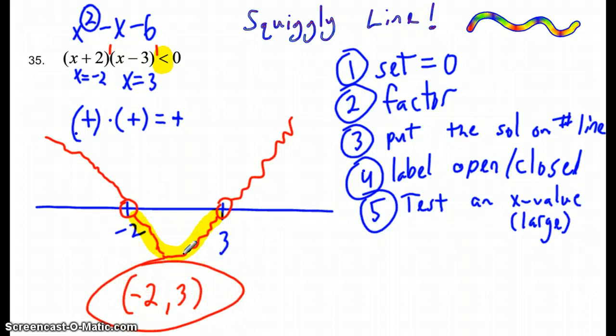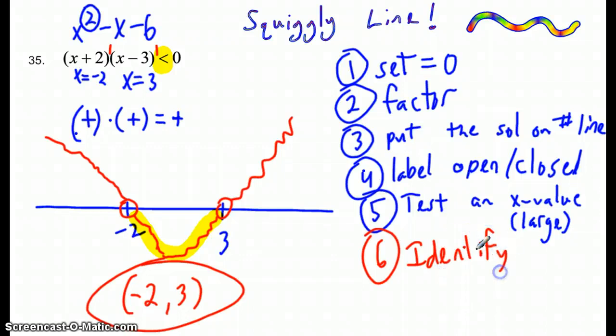And that's my solution. So the last step is identify the solution interval, or intervals. Identify, you really have to draw the squiggly line somewhere in there. Draw the squiggle, but identify the solution interval.